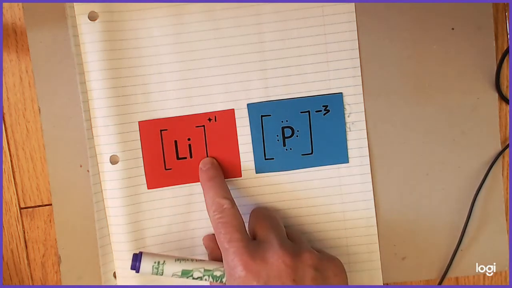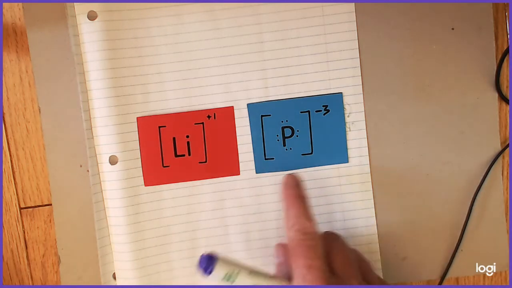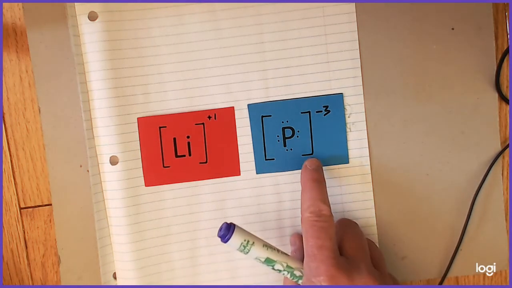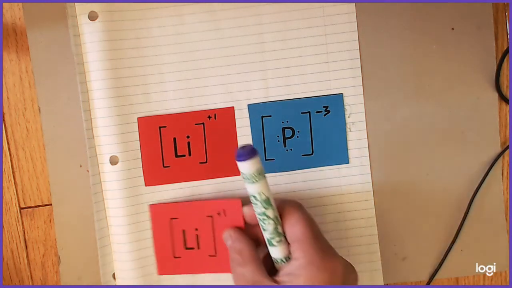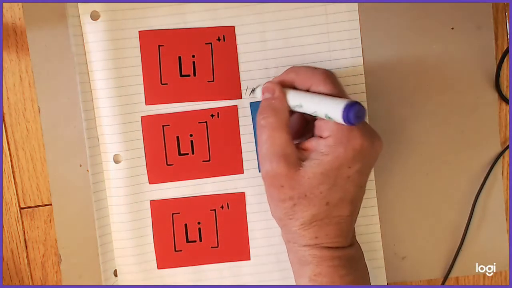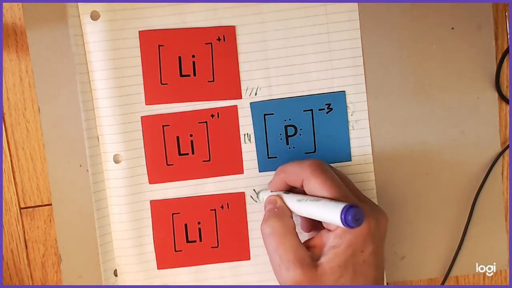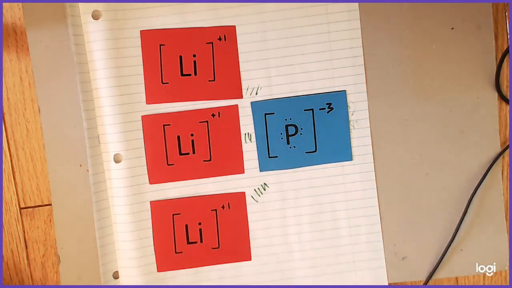This guy's got a charge of +1. So if we were to make a compound out of this, our overall charge would not be 0. It would be -2 because we've got a charge here of -3. So we're going to need 2 more lithiums. And remember, these guys are electrically attracted to each other. This is a very strong bond.